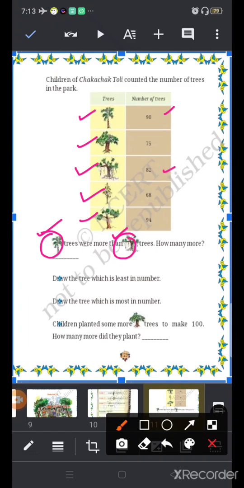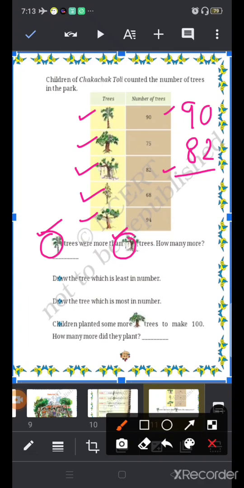We'll subtract 90 minus 82. Then we can find the answer. So we'll subtract 2 from 0. Can we subtract 2 from 0? Yes or no? No. Why? Because 0 is smaller than 2.